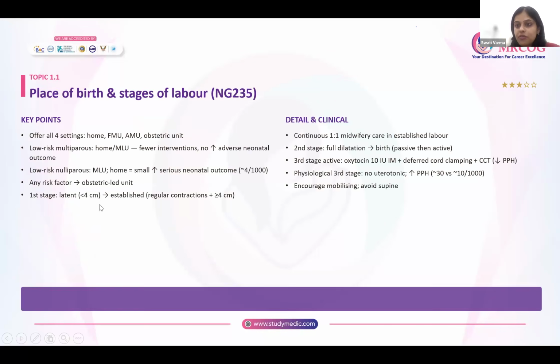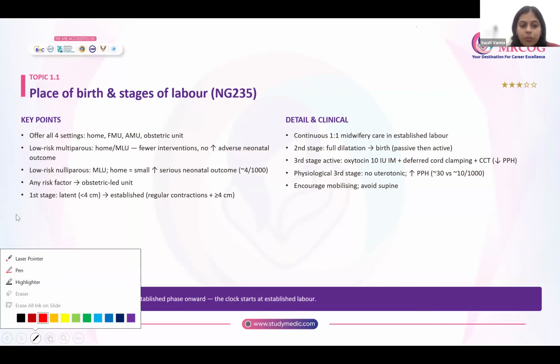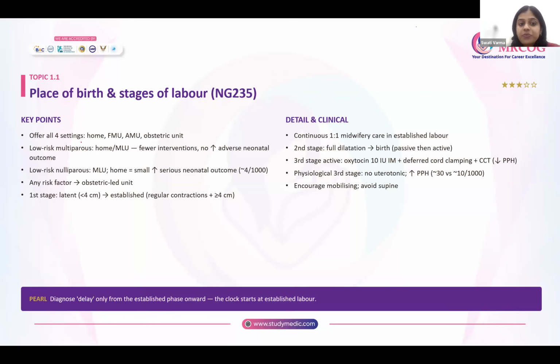Now coming first of all to the basic things, that is place of birth and stages of labor. We all know that in the UK they use 4 birth settings: home, freestanding midwifery unit, alongside midwifery unit, that is the one which is attached to the hospital, and then the obstetric unit, which is a consultant-led unit.